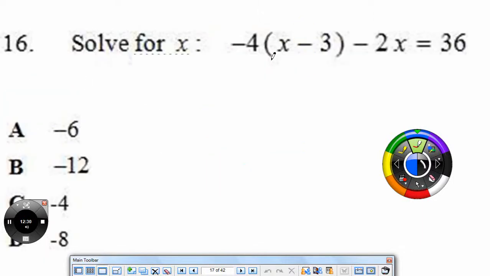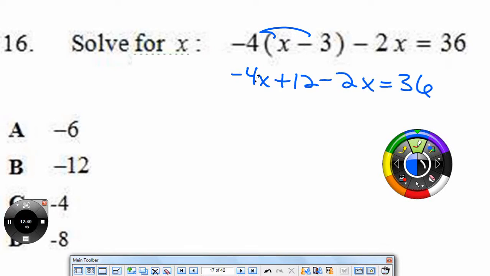Okay, so this one we're going to distribute, so we'll have negative 4x plus 12 minus 2x equals 36. And then we want to combine like terms. So we have negative 4x minus 2x, which is negative 6x, plus 12 equals 36.